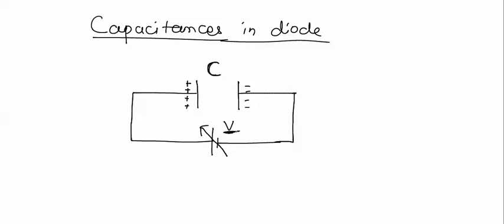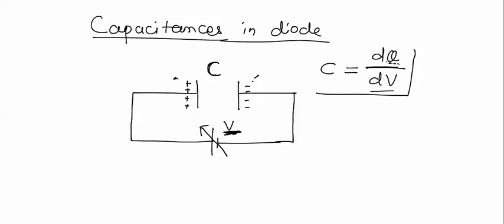So if we experience change in charge dq across the plates with the change in voltage, then we can say that this is a capacitor.